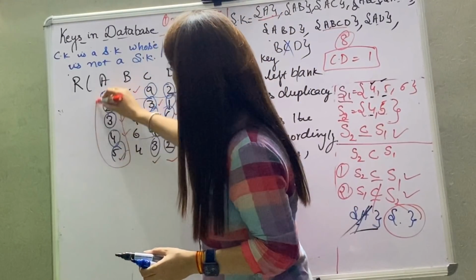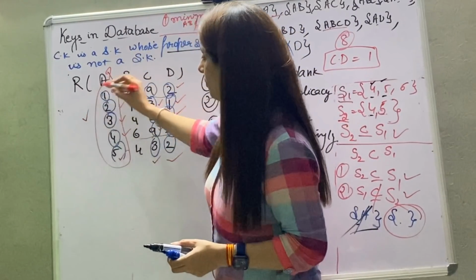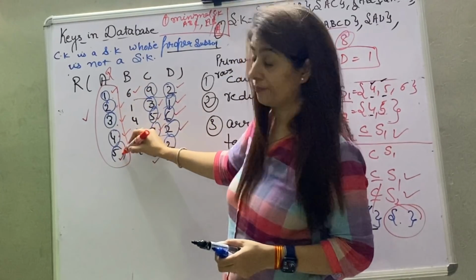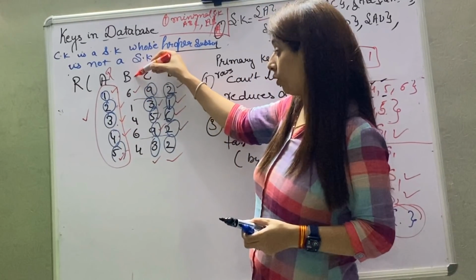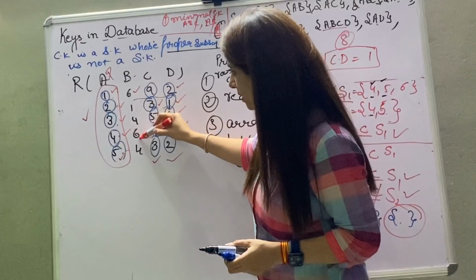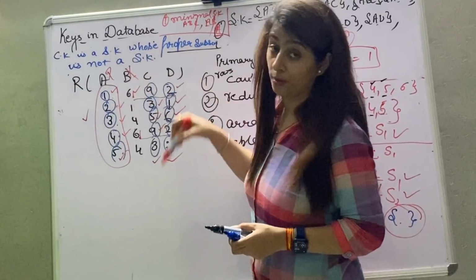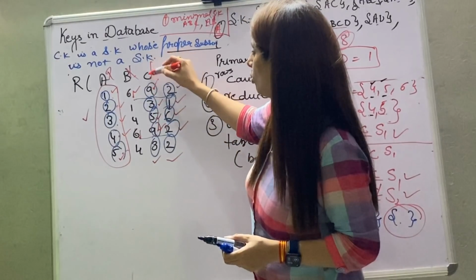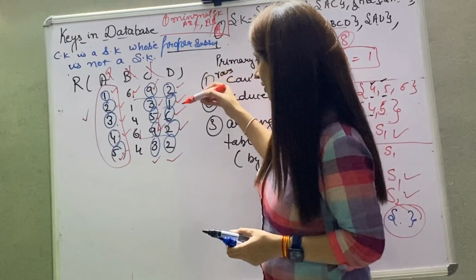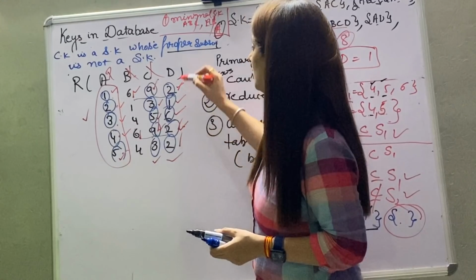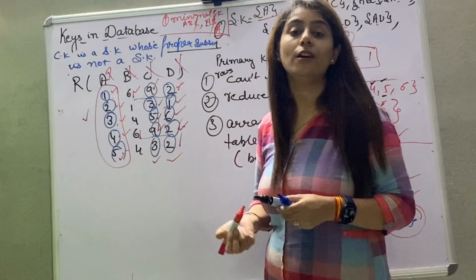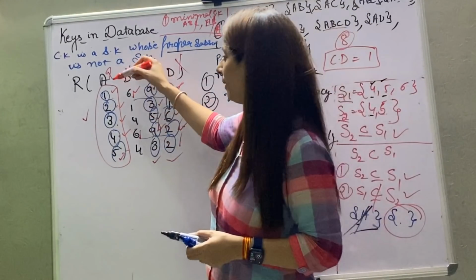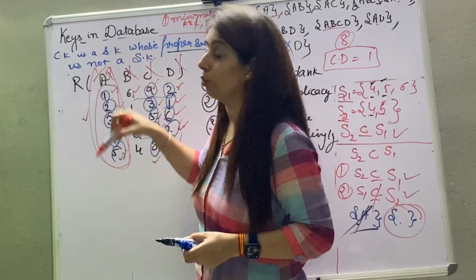First, yes, that can be the primary key because no value is repeating. Next, B: here 6 is repeating, so it cannot be the primary key. Next, 9 is repeating, it cannot be the primary key. Here also 2 is repeating, so it also cannot be the primary key. So we can apply the primary key over this field only.